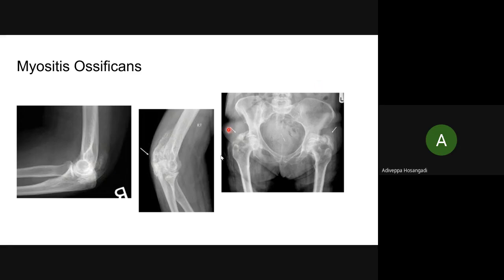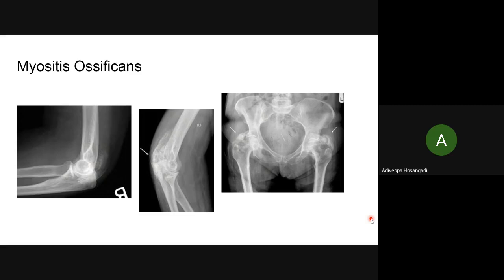But look at this picture. Especially whenever there is a patient with a head injury, myositis ossificans also is seen in patients with a head injury or any neurological disorder. Again, there is a different type of heterotopic ossification: myositis ossificans, tumoral calcinosis, myositis ossificans progressiva. There are different entities.